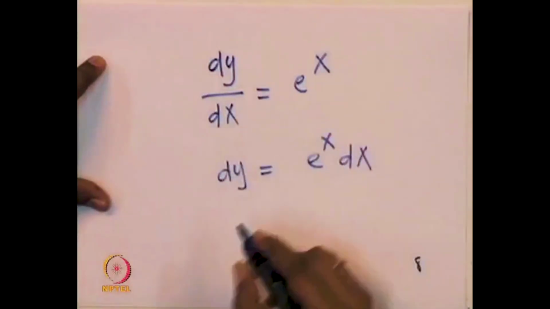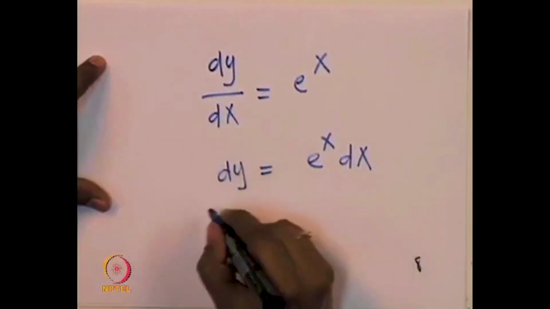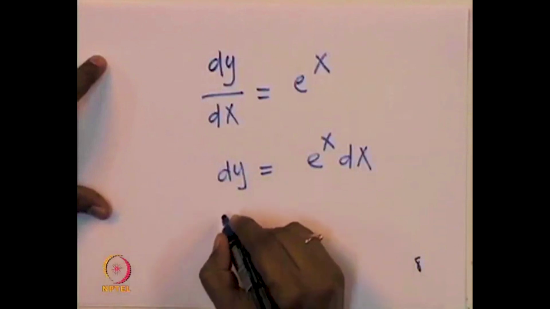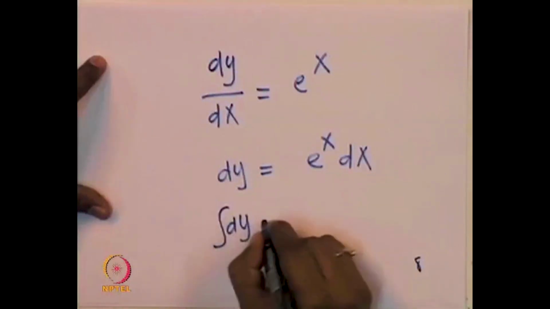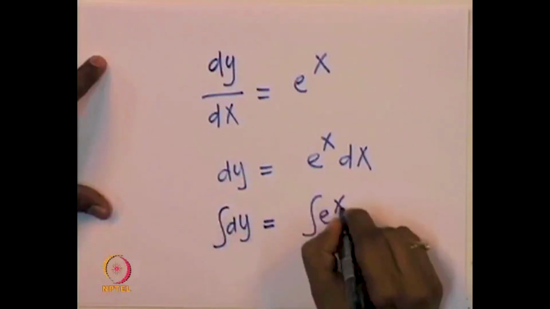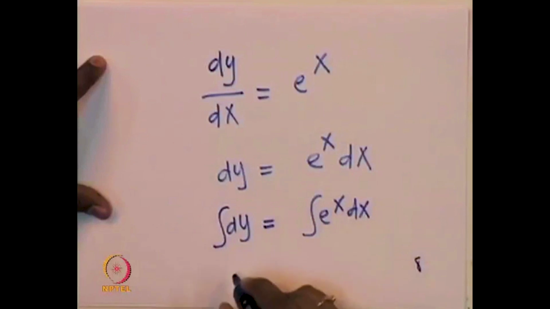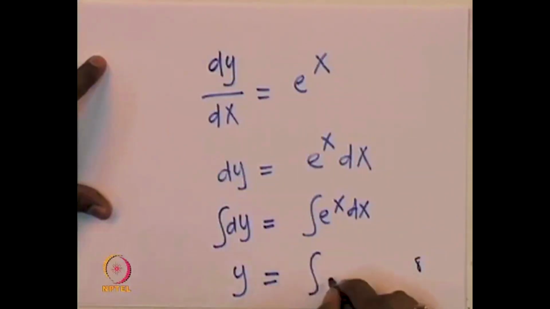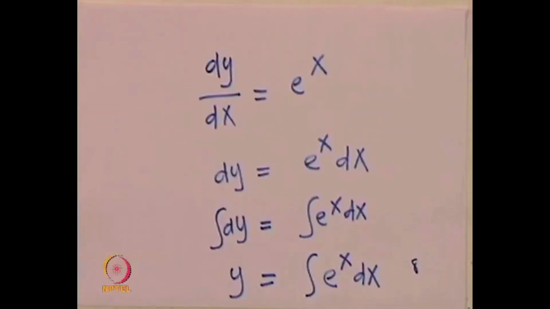I can integrate on both sides, that is, integral dy is integral e power x dx. Integral dy will give you y. So, y is equal to integral e power x dx.